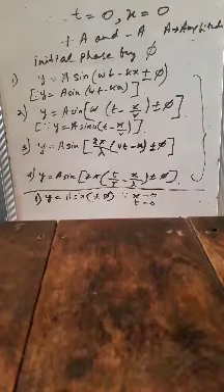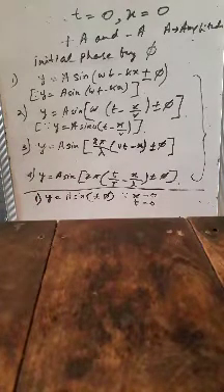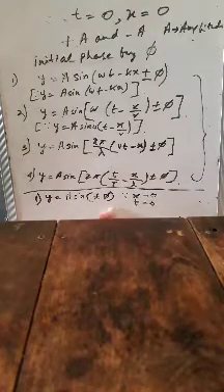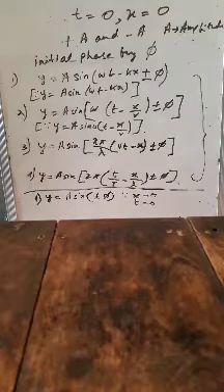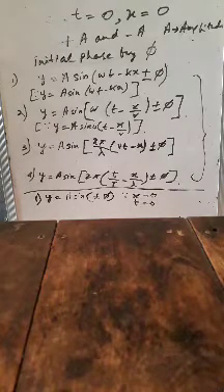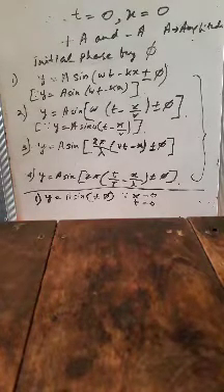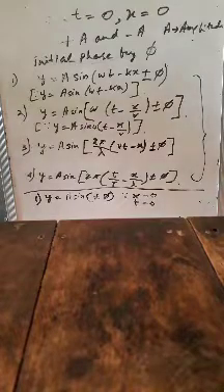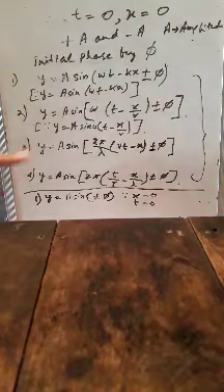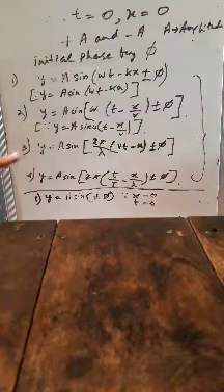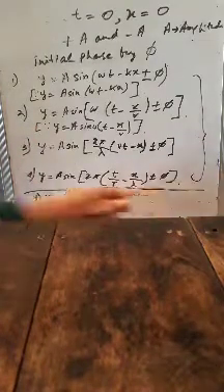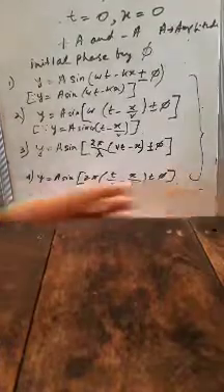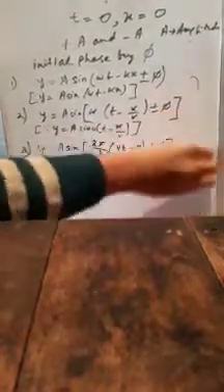So this is called the epoch of the progressive wave at the origin. We have discussed what the initial phase is and what is called the epoch. Now let us move ahead to the next form of the progressive wave.